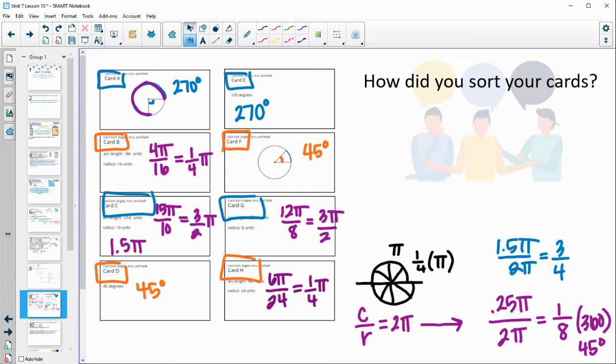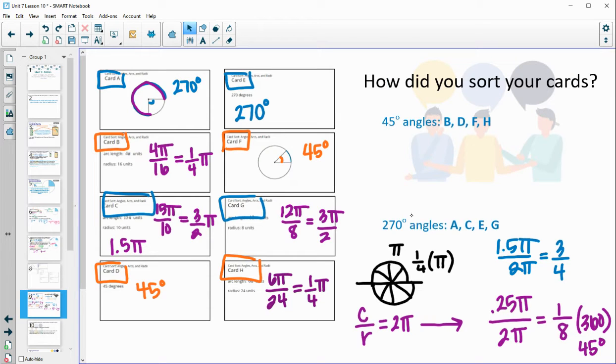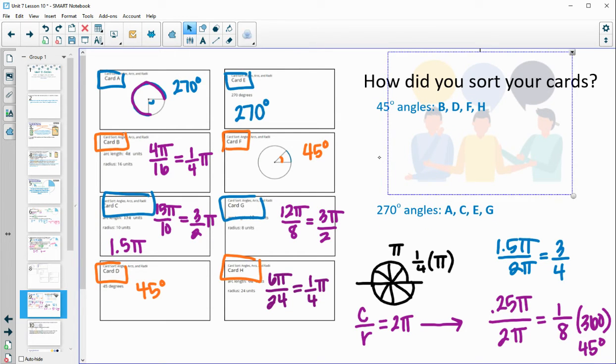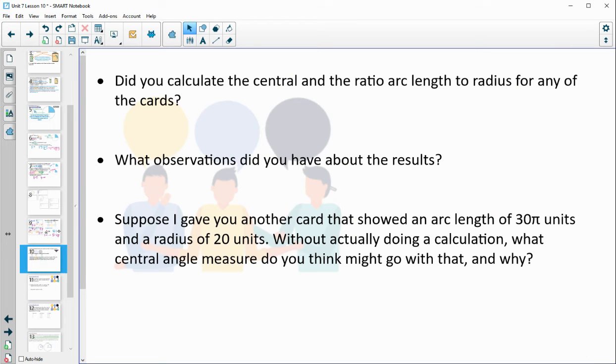So those are just maybe a way that you connected these cards, and one of the categories that you used. You could have done different ones and could have figured out the central angle a different way. This is just one of the ways to figure out that central angle.